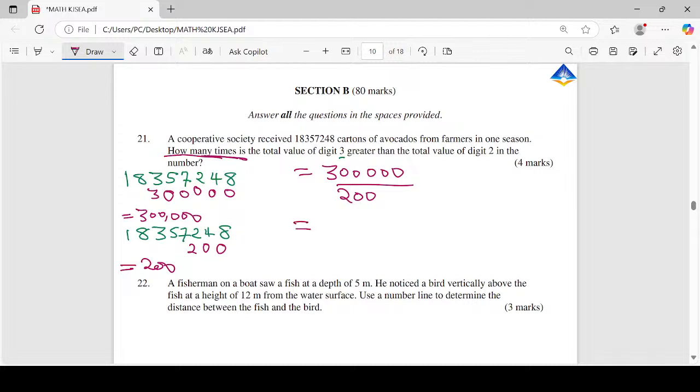With my calculator, you are going to get 1,500. So it's 1,500 times. Just by doing it like that, learners, you have 4 marks.